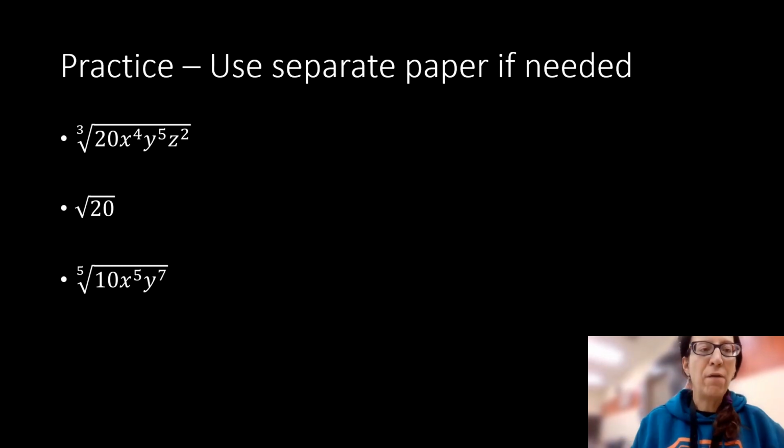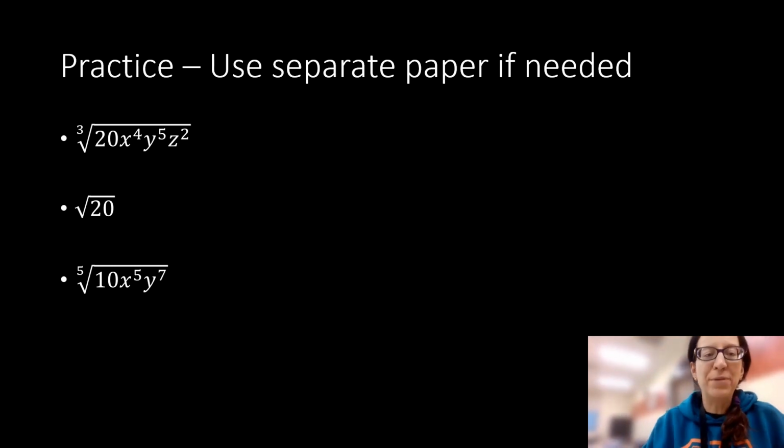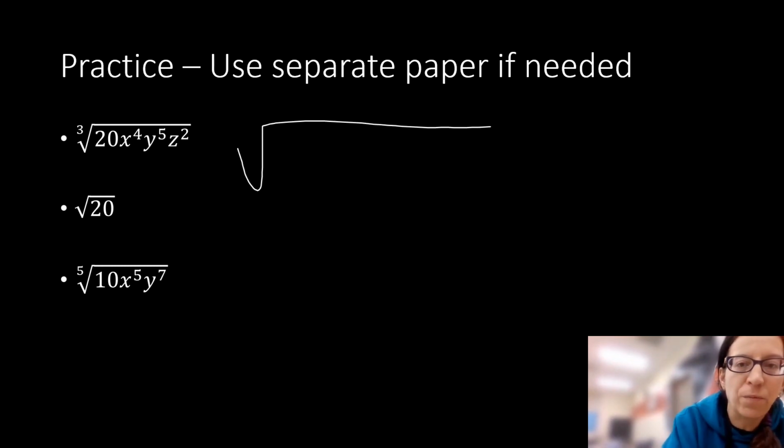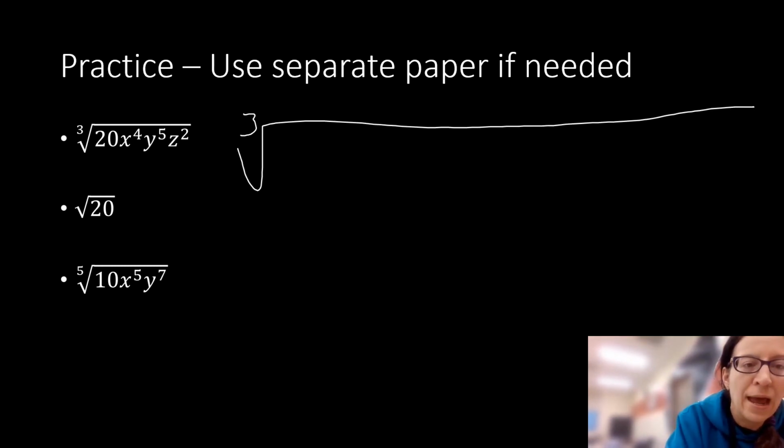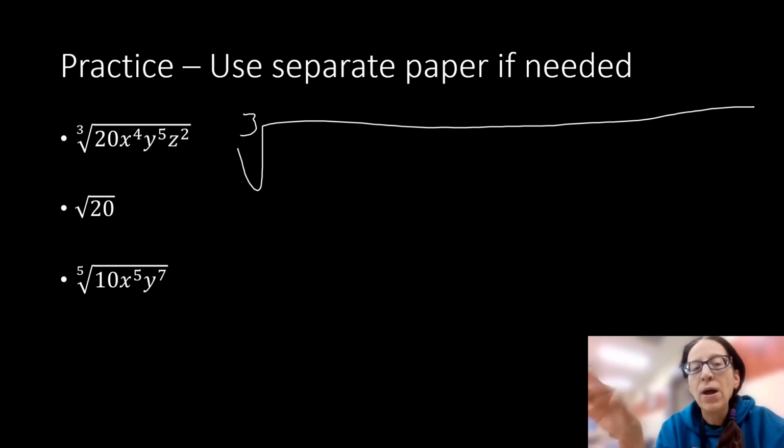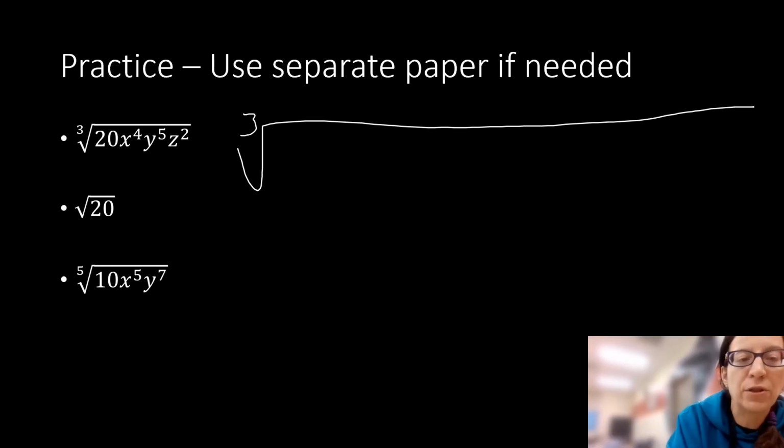Okay, so that first one, ouch. I'm saying ouch not because the problem's hard, it's just because there's a lot of stuff in that problem. So for that first one, we have the cube root, and then we have to break the 20 down. So 20 I know factors into 4 times 5, and 4 will factor into 2 times 2. So that would be 2 times 2 times 5.